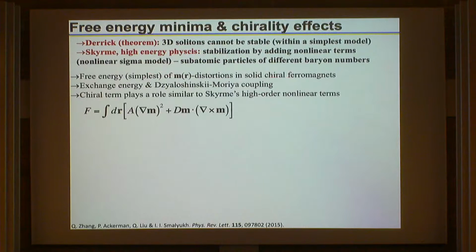And this is how you would get these different baryon numbers, right? Corresponding to some energy minima for these solitonic field configurations.